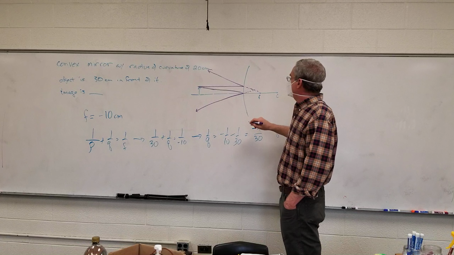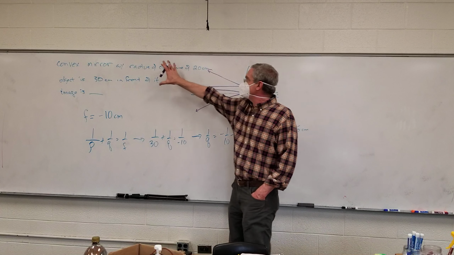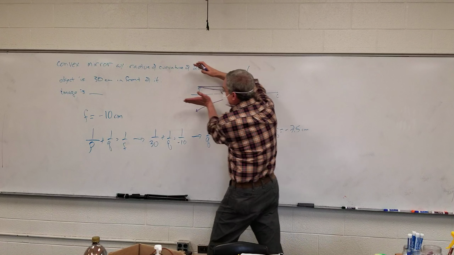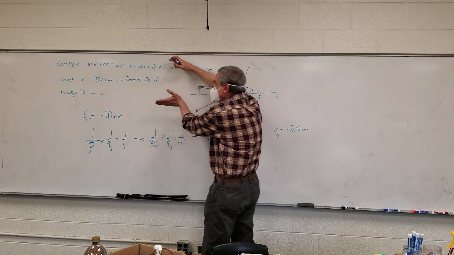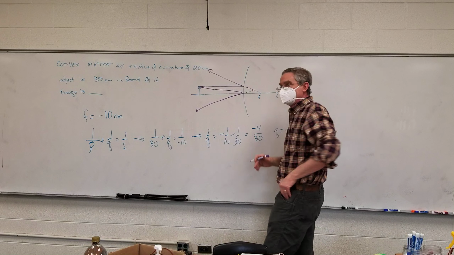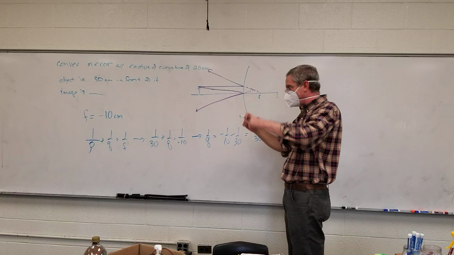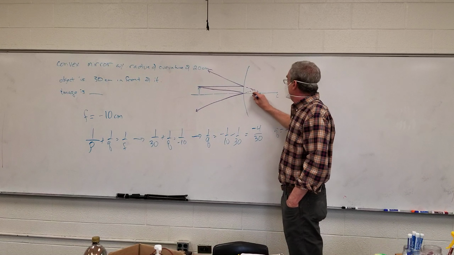A little bit better. Because if your eye is over here, your eye is going to be getting these light rays coming into it, and it's going to process it. It's going to sort of trace back to where it sees an image by working backwards. And so the image will be here.